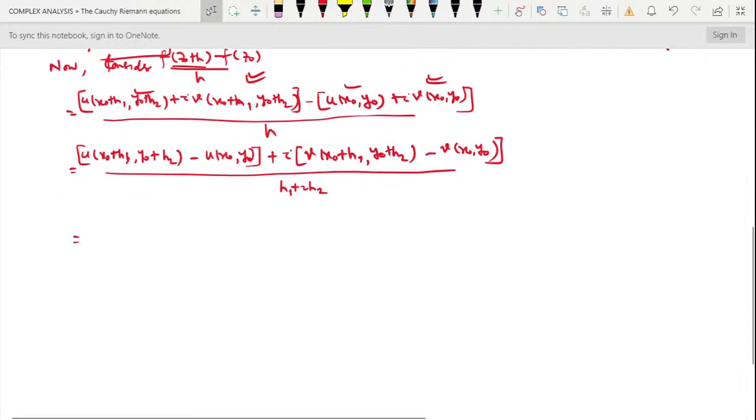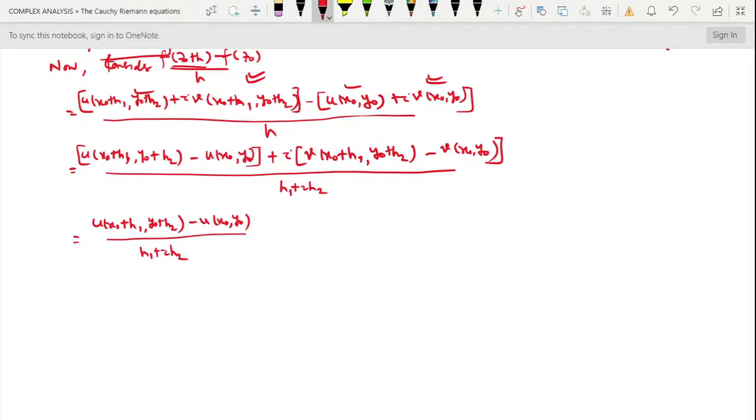This is u of x naught plus h1 comma y naught plus h2 minus u of x naught comma y naught, plus i times v of x naught plus h1 comma y naught plus h2 minus v of x naught comma y naught, divided by h. In place of h, I can write h1 plus i h2. Then I can write u of x naught plus h1 comma y naught plus h2 minus u of x naught comma y naught divided by h1 plus i h2, plus i times v of x naught plus h1 comma y naught plus h2 minus v of x naught comma y naught divided by h1 plus i h2.